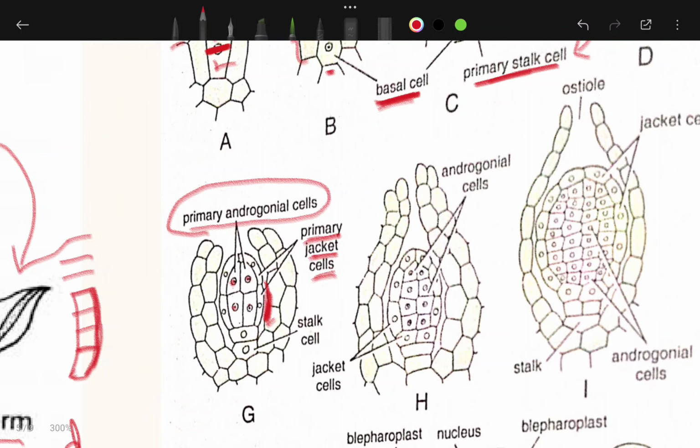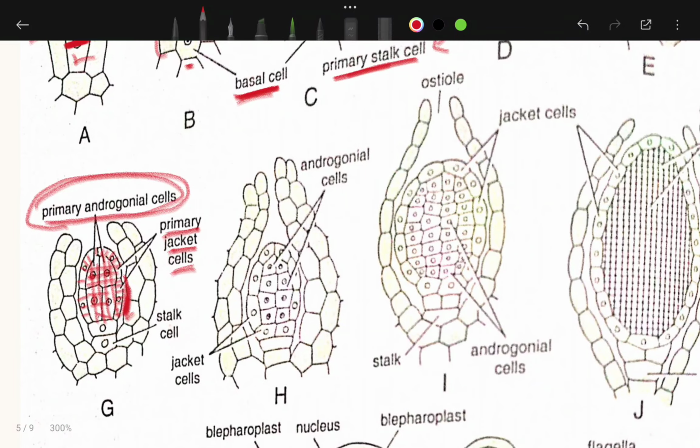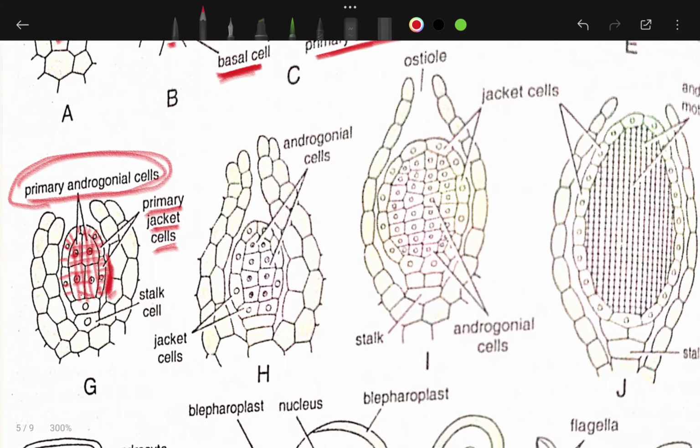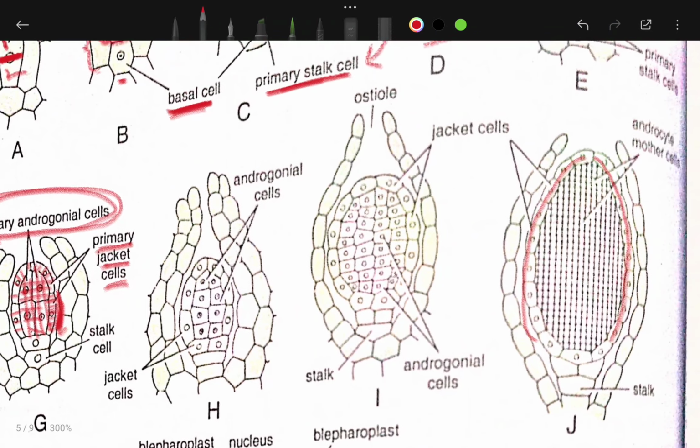All the primary jacket cells will undergo anticlinal division in this manner, and then the primary antheridium cells that you can see here will divide in all planes. They will divide in this direction, and in this direction as well. After the anticlinal division, the primary jacket cells will give rise to the jacket cells. These are single layer jacket cells, and these are also sterile.